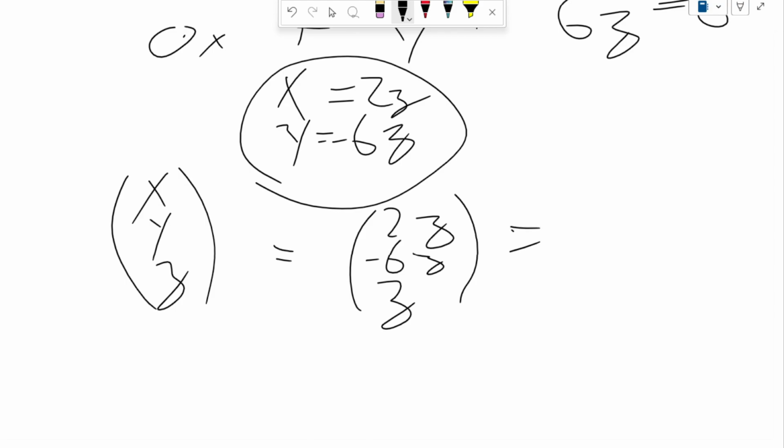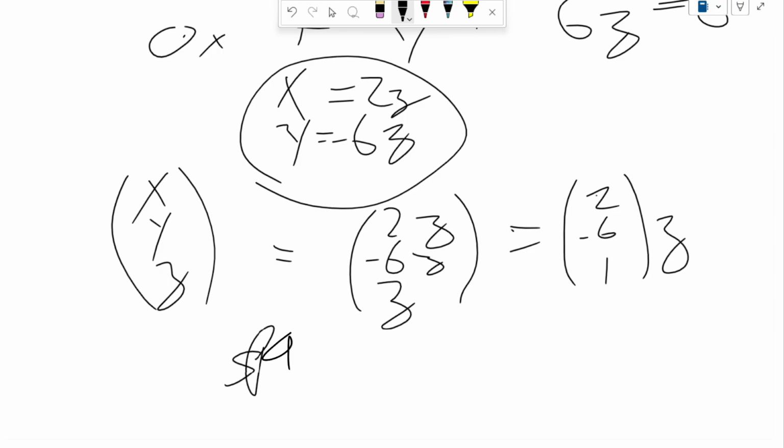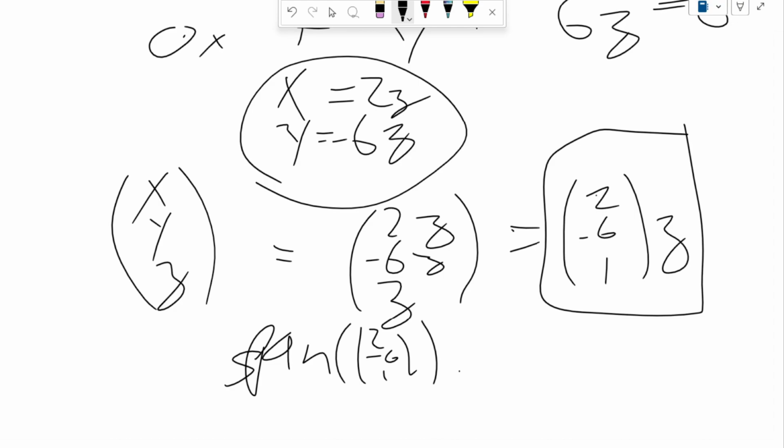And this is equal to 2, negative 6, 1, times z. So it turns out that the null space of this matrix is just the span of this one vector, 2, negative 6, 1. That's the whole null space, because this is all possible solutions, and it's the span of a vector.